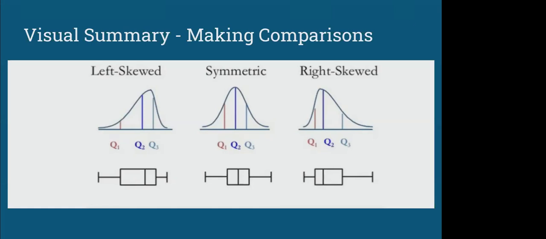And I'm going to write it too. I'll write it on my board. So again, for the box plot, if it is left skewed, the left whisker is longer than the right whisker.